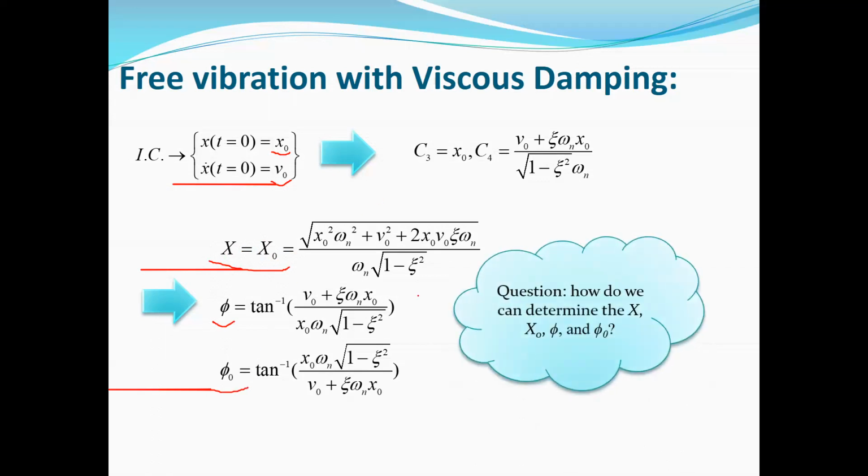But this time, obtaining uppercase X naught and the phase angle is not as simple as C3 and C4. You need some more complicated calculations, but you can use these equations to obtain your response. In an exam, for example, if the exam is open book, you can easily use these equations and these notes.